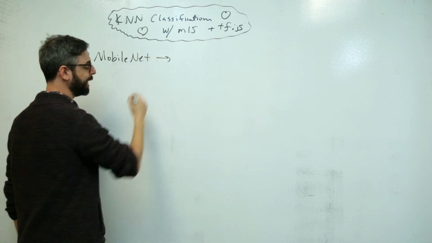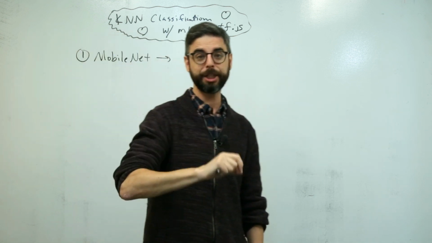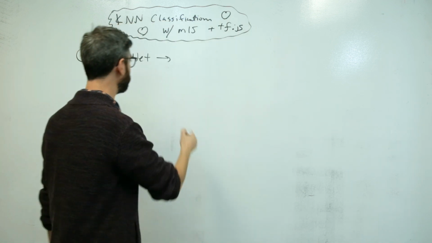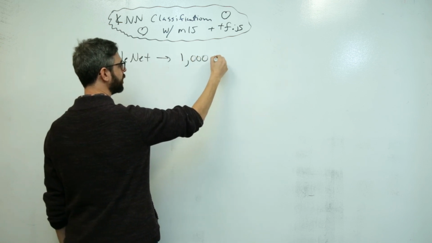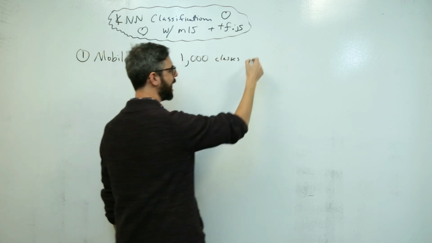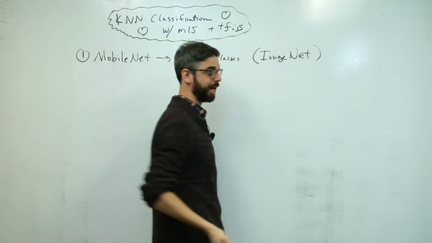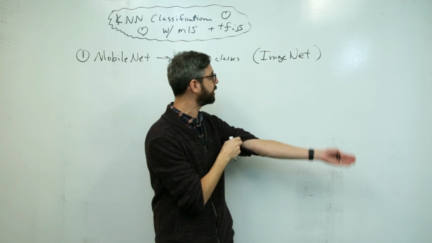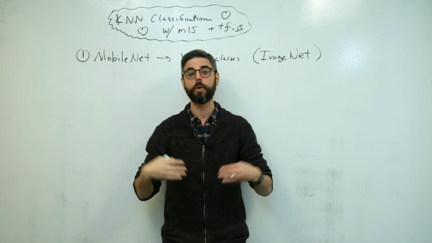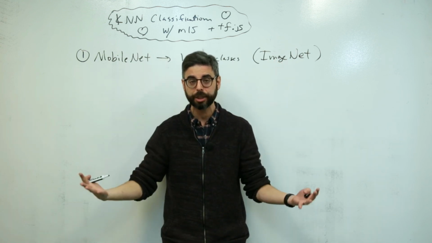MobileNet is a machine learning image classification model that's been trained to recognize 1,000 classes of images. It was trained on a huge database of images known as ImageNet. I've said this before, but this is a database that exists for researchers to use to develop machine learning algorithms with.